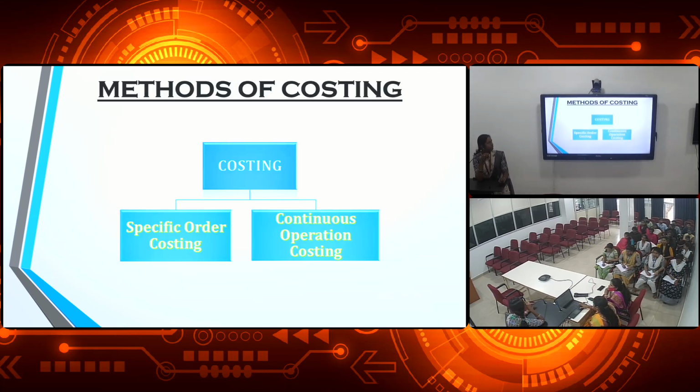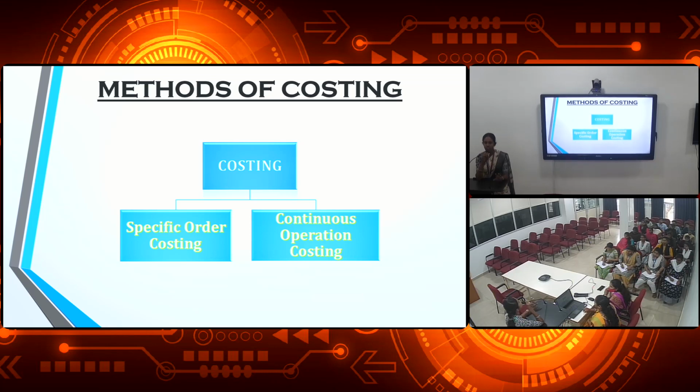Next, there are two basic methods of costing. Number one is specific order costing and number two is continuous operation costing. The name itself indicates that specific order costing means the cost will be given specifically for a particular manufacturing process.